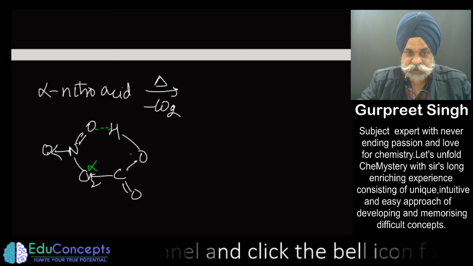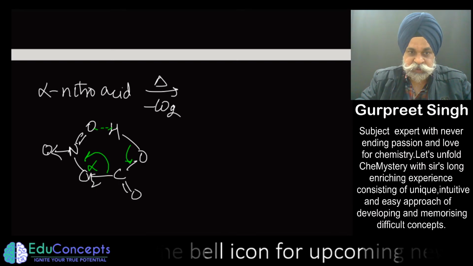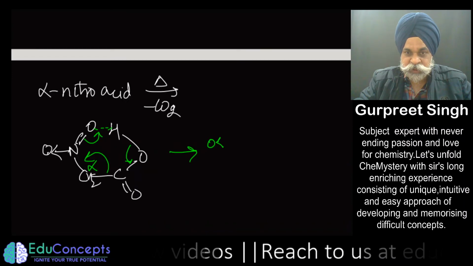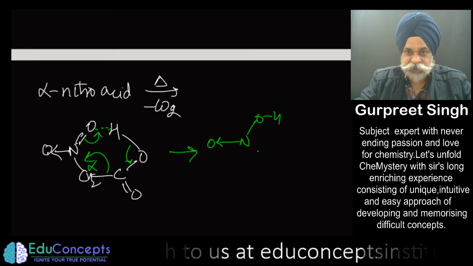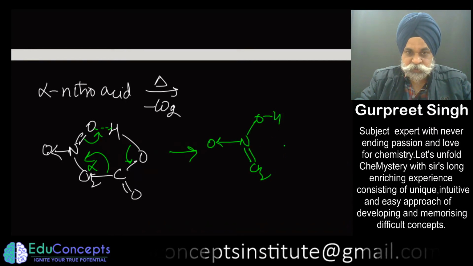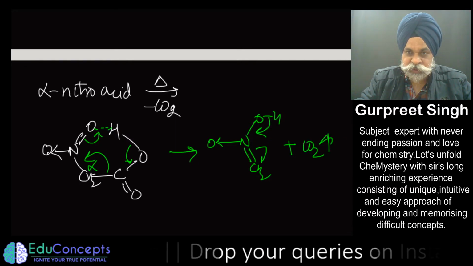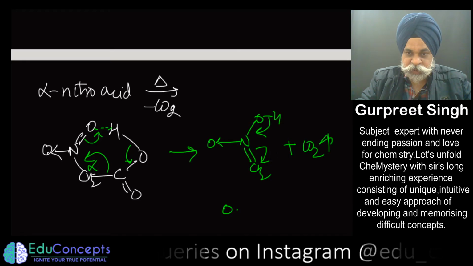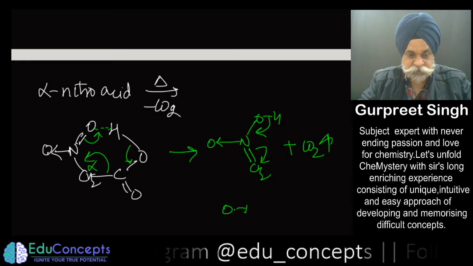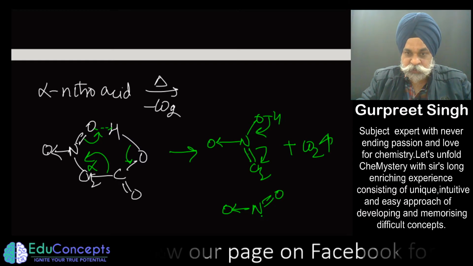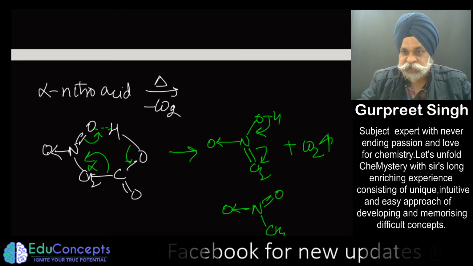Again, cyclization can happen like this. Again you would get the same sort of a feel, CH2, and carbon dioxide goes out, and then this again tautomerizes to give you the nitro alkene along with carbon dioxide.